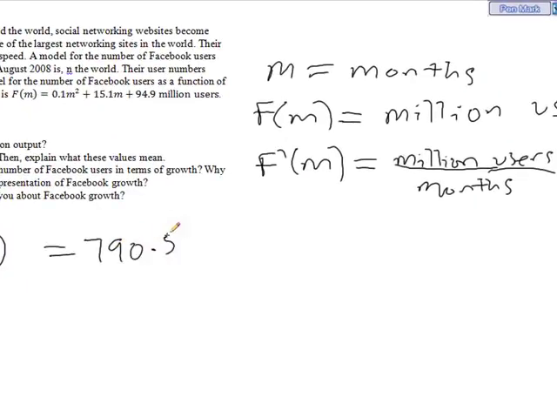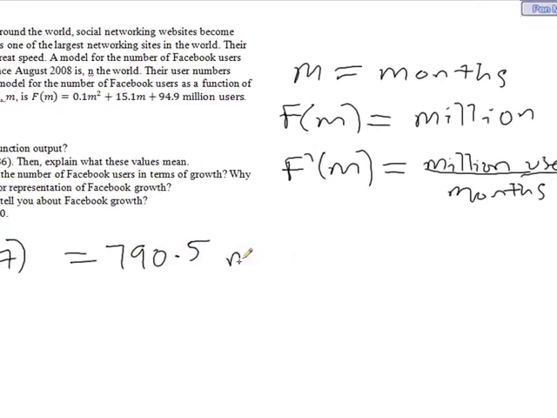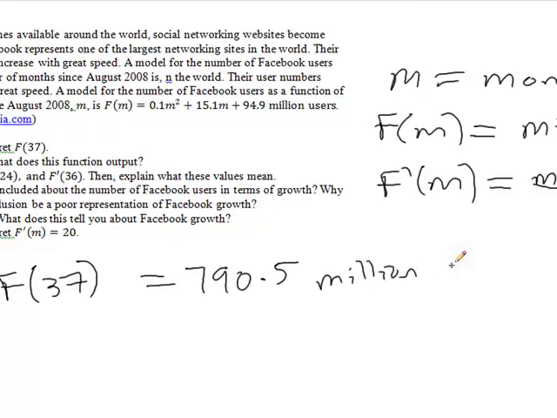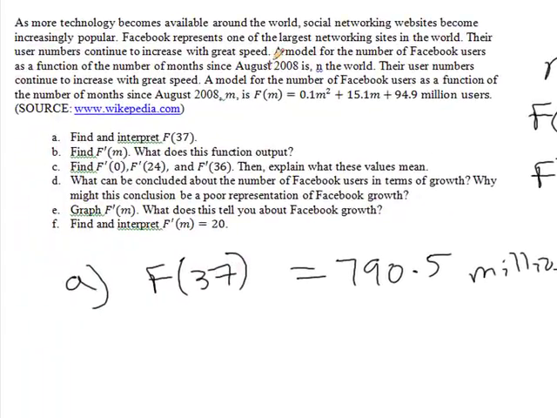Well, we already said that the output is in millions of users, so you have that many million users in this particular month. Since this is months since August 2008, what is 37 months since August 2008?